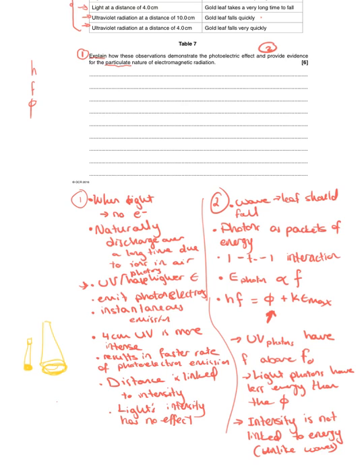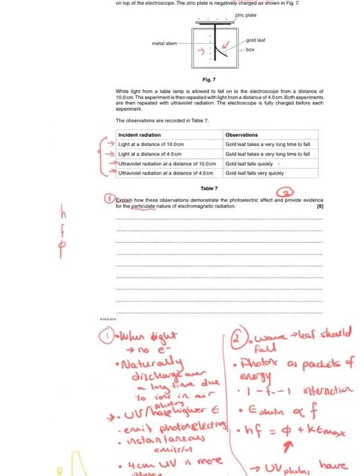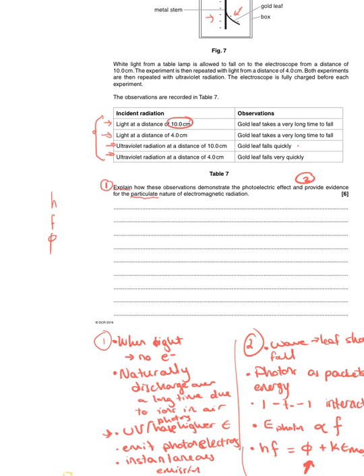So we are stating the observations and we're explaining them. You can notice here that it's asking about the intensity. So the distance in this case was the trick. The fact that you have something closer and further away is linked to the intensity. This was the link that you had to make here.